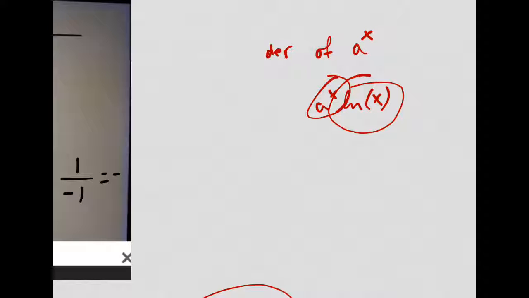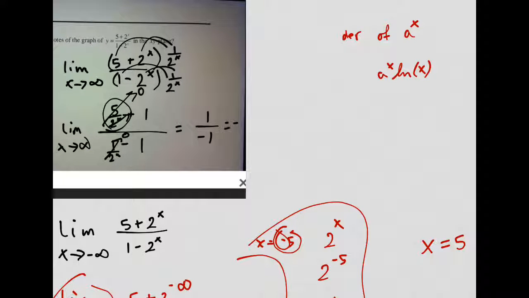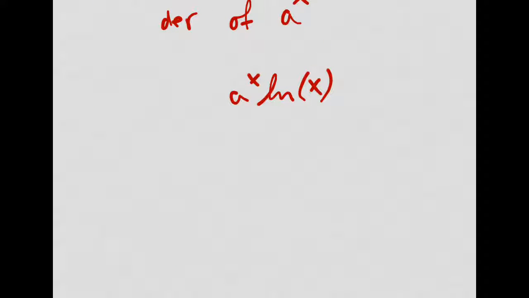So infinity times infinity is infinity, so that doesn't work. And then if you want to do L'Hopital's rule again, you take the derivative of that, but that's just using product rule, and you'll still get either this or this in your product, and neither of those are going to anything that cancels anything else out.